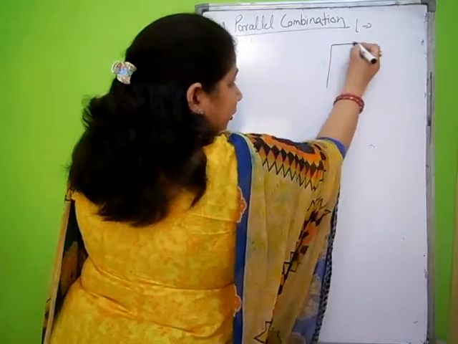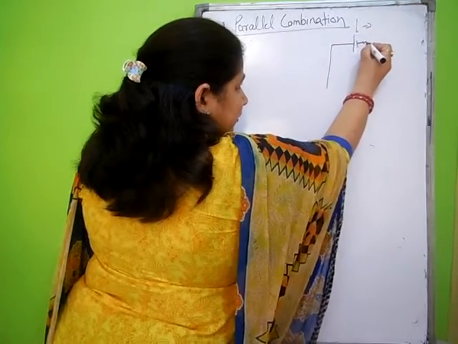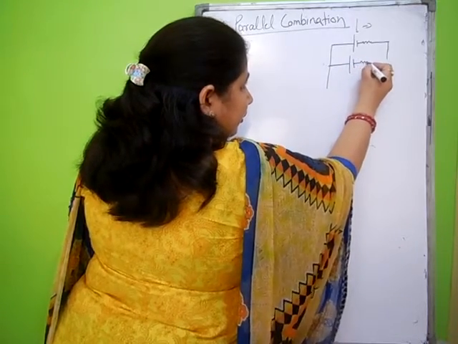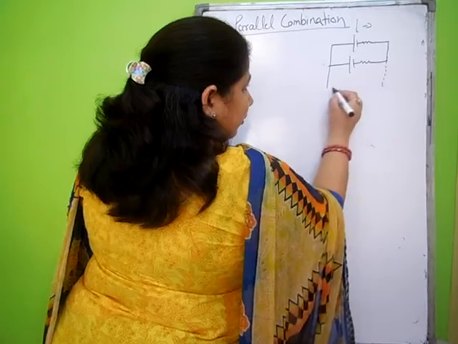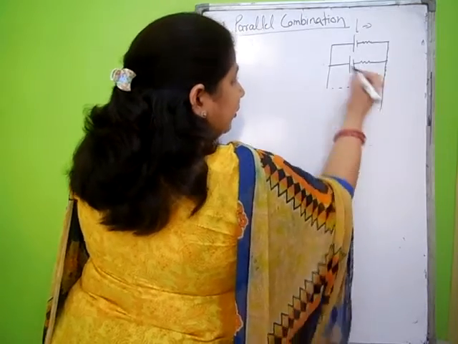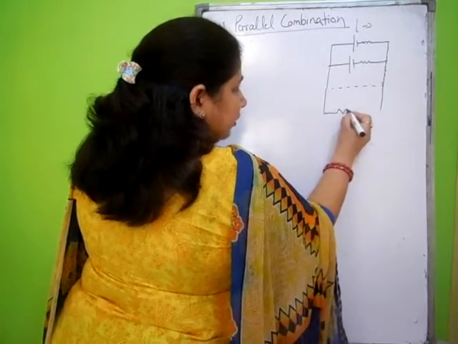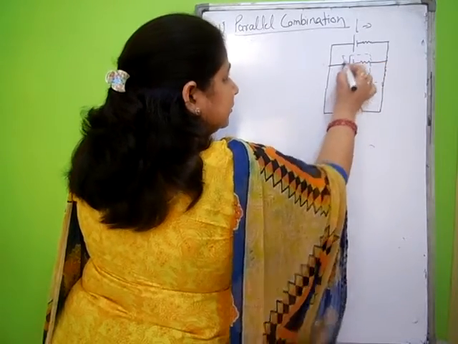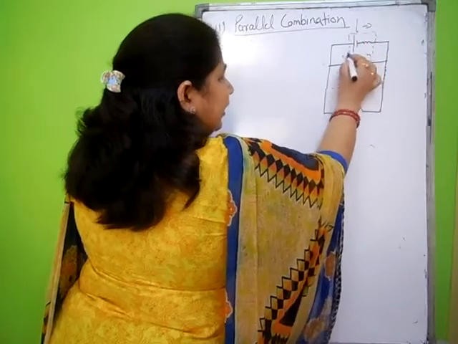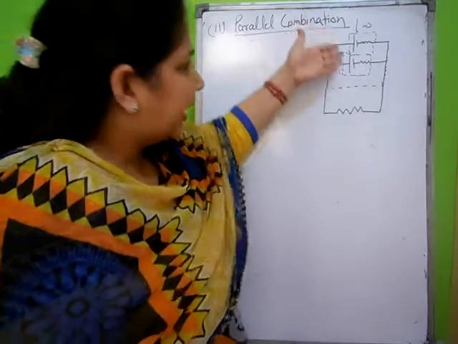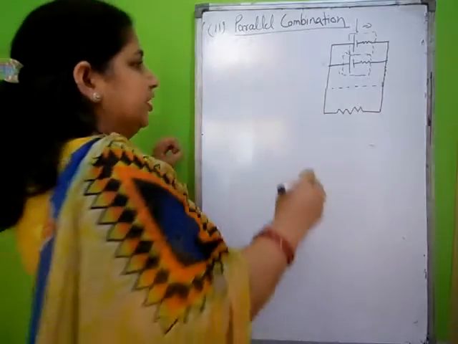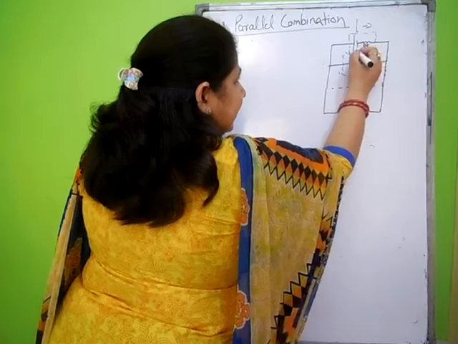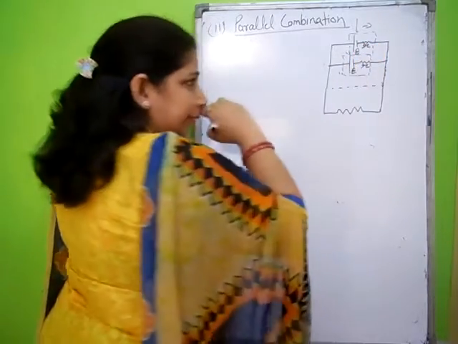Suppose we have n cells. One cell is this, second cell is this, and we have n such cells in the combination, each with internal resistance r and EMF E.